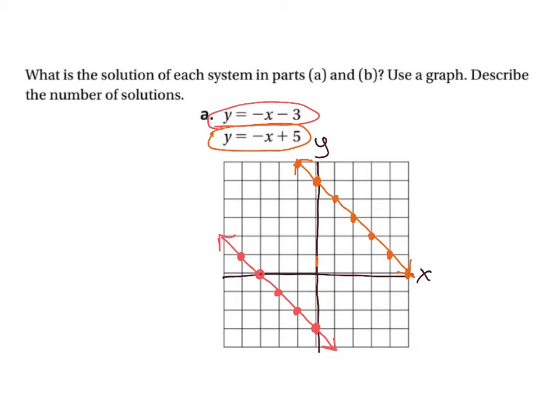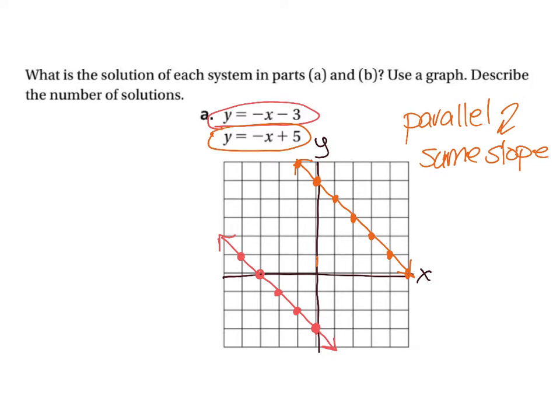What do we notice about these two lines? They're parallel and they have the same slope. Well, we know that parallel lines have the same slope, right? So what does that mean about the solutions? What do we know about parallel lines? They'll never cross.